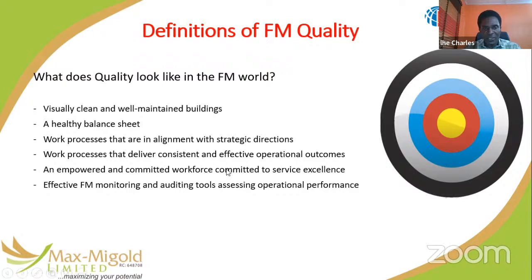Your work process should be in alignment with strategic direction so that there is no misalignment; where your top management is going, that's where you too should be going. An empowered and committed workforce, committed to service excellence, effective FM monitoring and auditing tools, assessing operational performance. So in all, Adamu, is your hand up?